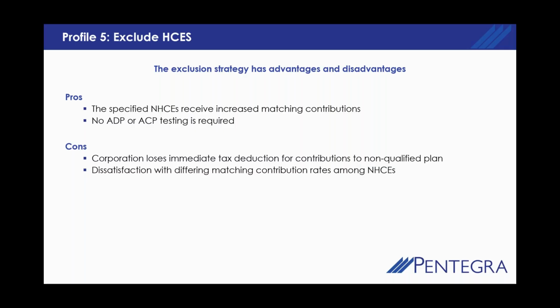Now, what the employer would give up if they take those highly compensated out and do something for them on a non-qualified basis is this: non-qualified plans are not deductible until the benefits are paid. And so they would lose the current deduction that they were currently receiving for providing benefits to those employees.